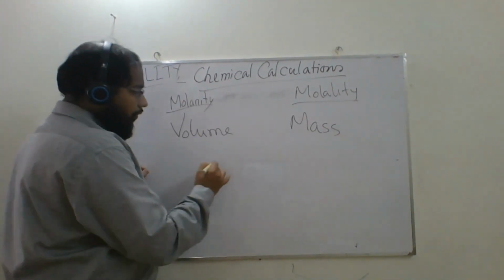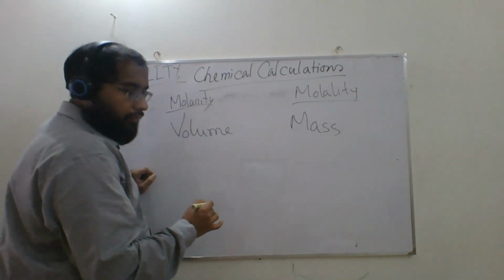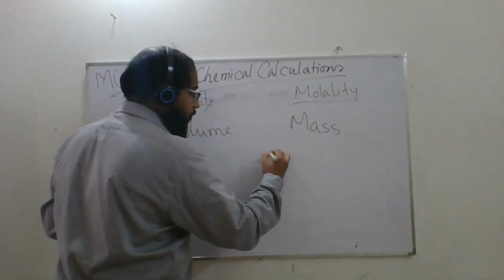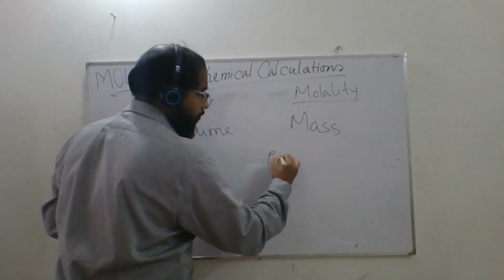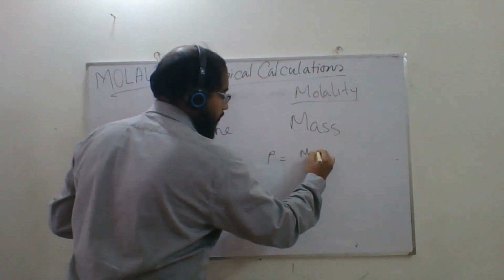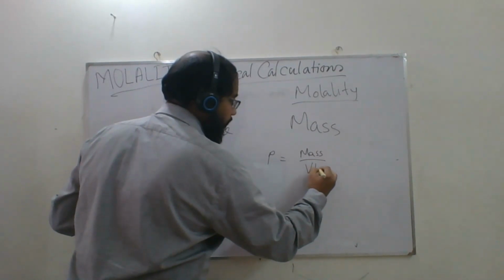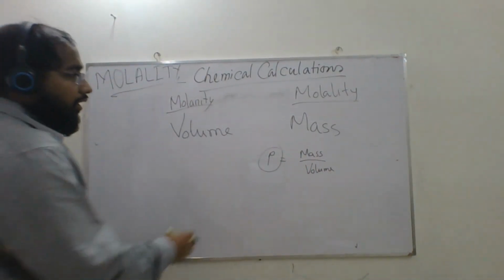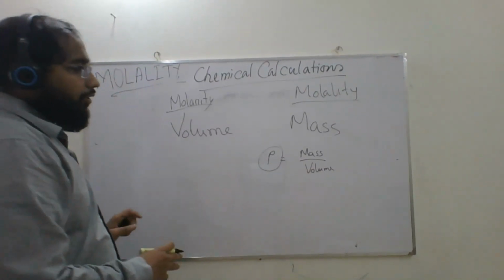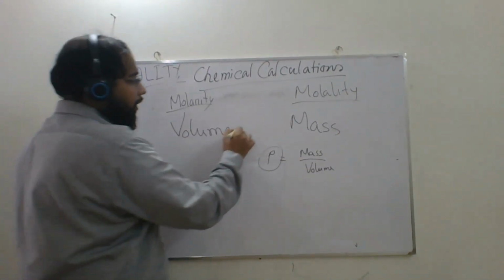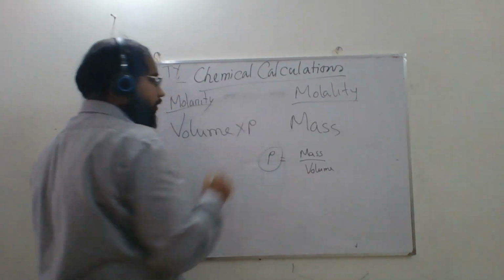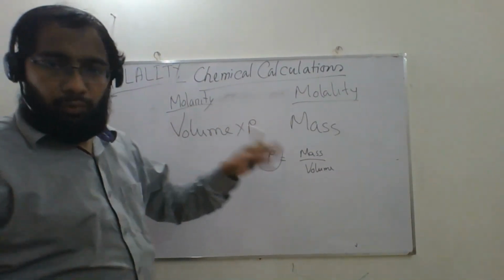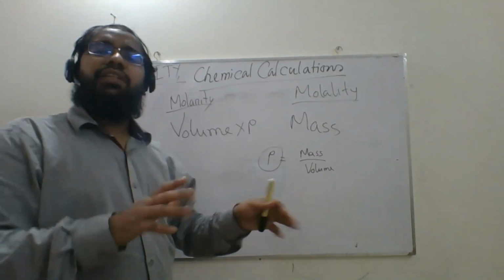We know that density equals mass by volume. So this is the difference between these two. That means if we multiply molarity by the solvent density, then we can get the molality.